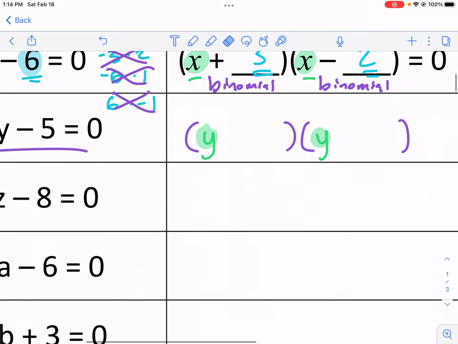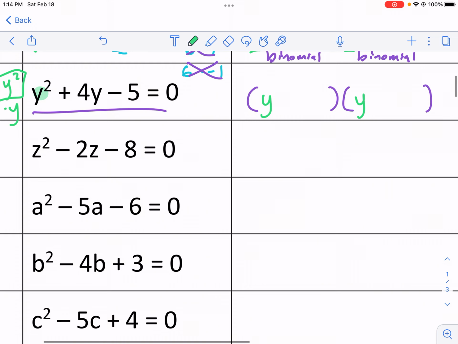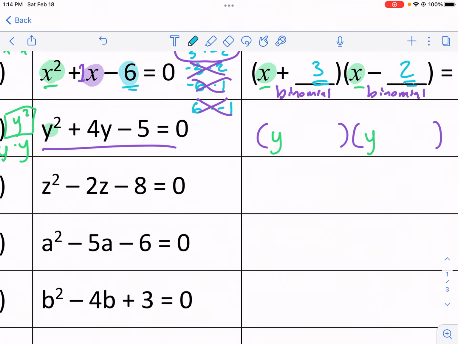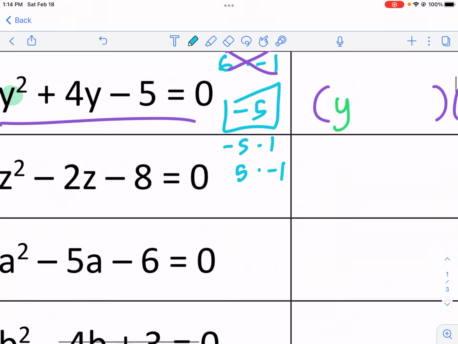Now, my second step is going to be minus 5. What are the factors of minus 5? I either have negative 5 and positive 1, or positive 5 and negative 1. Keep in mind, we need to decide which of these factors has a sum of positive 4, because that is the middle term right there, positive 4y.